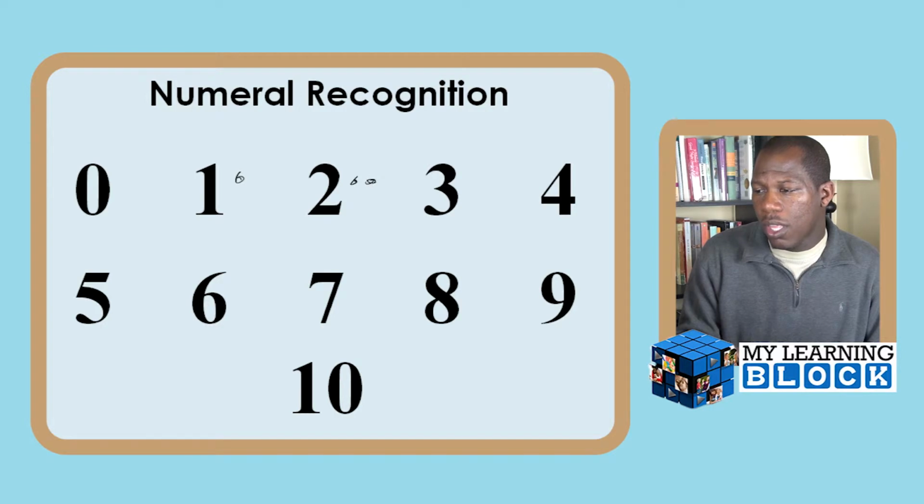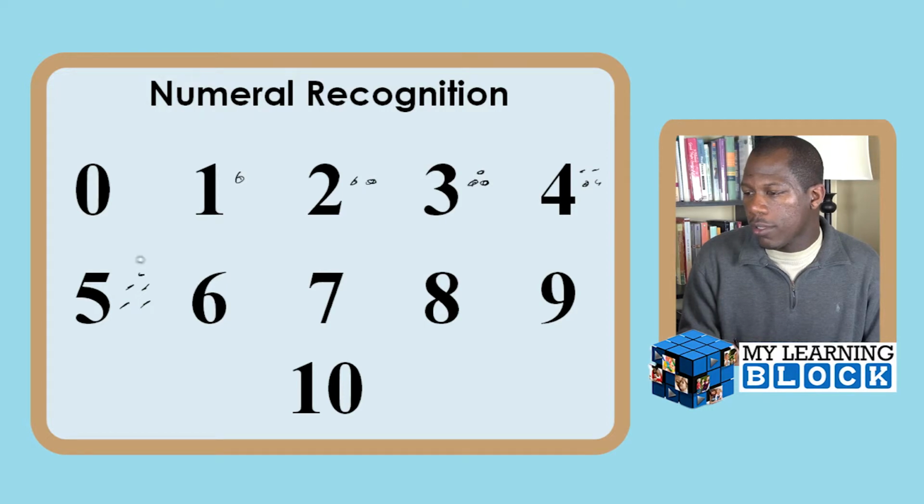So I have 0, and I'm just going to use dots here. 1, 2, 3, 4, 5. And I'll tell you there's a reason why I'm drawing them like this.